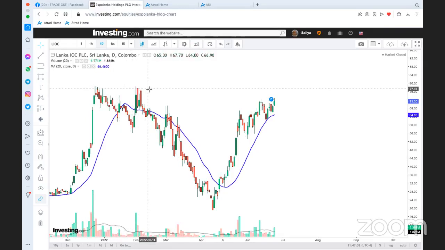So how long it'll absorb, we don't know, right? Because over the days, the supply would have changed hands. We don't know whether the present buyers are the previous buyers who bought at this level.